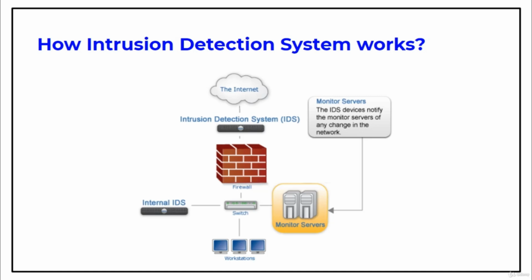After that, those packets go through the firewall, which acts as an extra layer of protection for the internal network. Now the monitor servers help in assessing the packets before forwarding them to the workstations or computers or servers present inside the system.